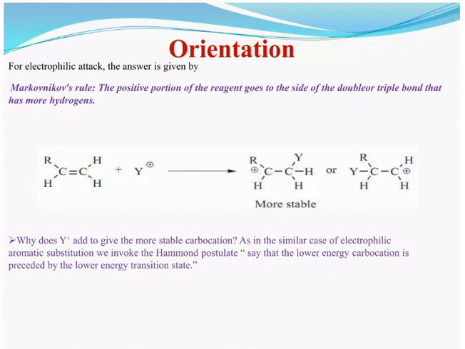Y plus adds to give the more stable carbocation, as in the similar case of electrophilic aromatic substitution. We invoke the Hammond postulate, which says that a lower energy carbocation is preceded by a lower energy transition state. So for the orientation, you have to remember Markovnikov's rule.